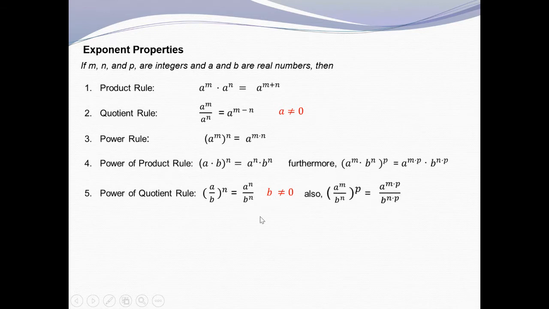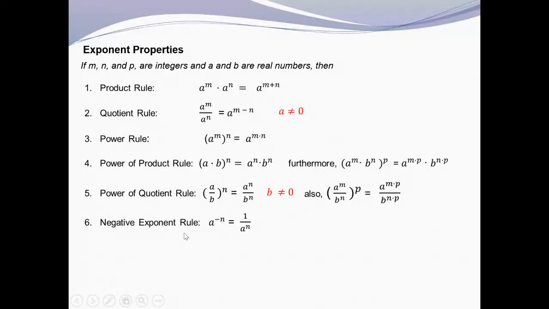Same thing as the previous rule: if you have (a^m divided by b^n) raised to the p power, it's going to be a^(m times p) divided by b^(n times p). If this seems confusing to some of you students at the moment, I will clarify this by doing examples of each one of the rules until you feel satisfied that you understand the material. So for now, I'm just reading the rules.